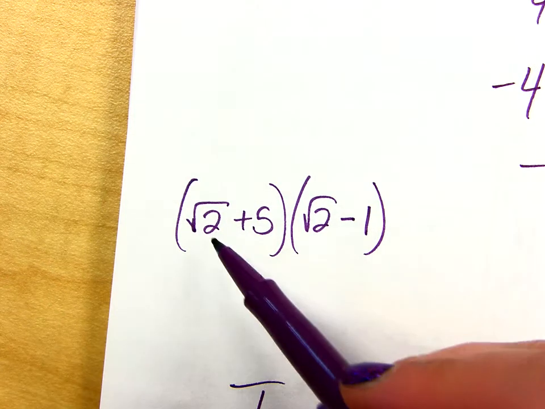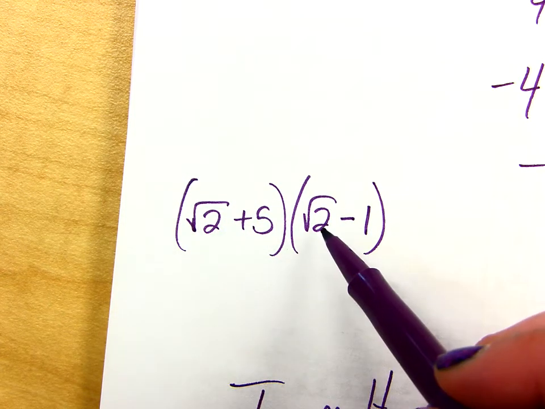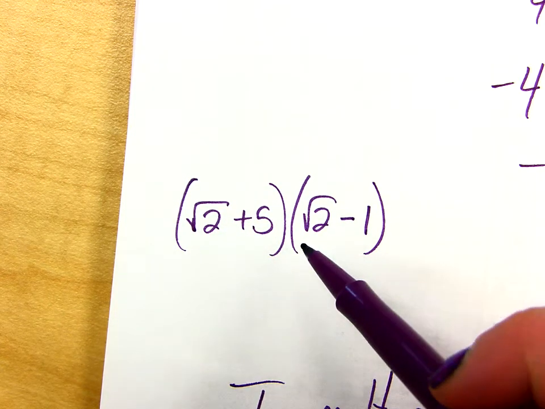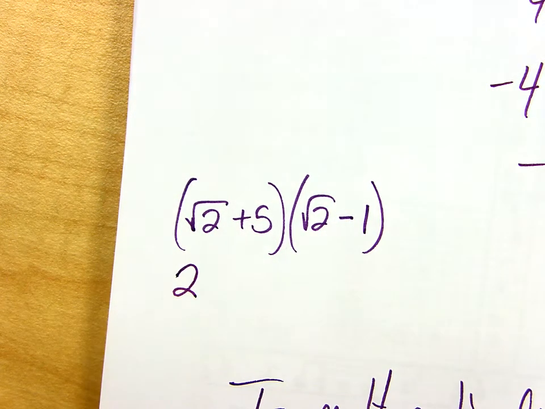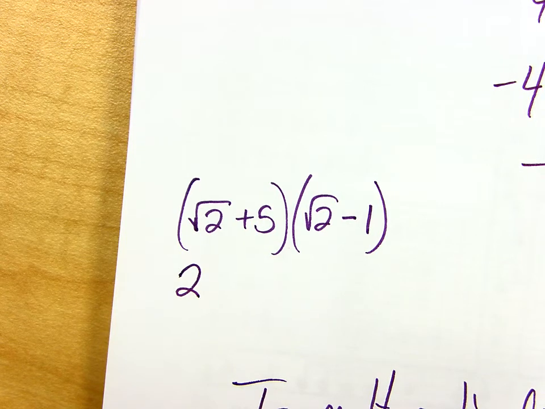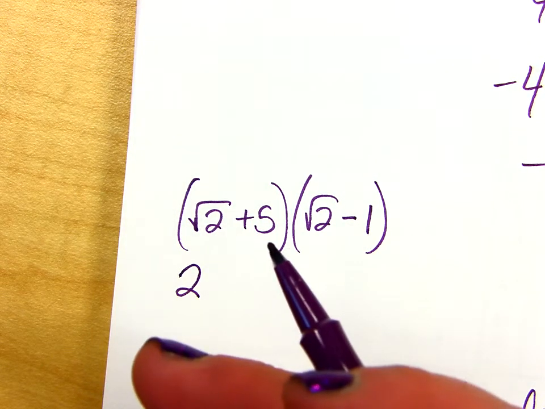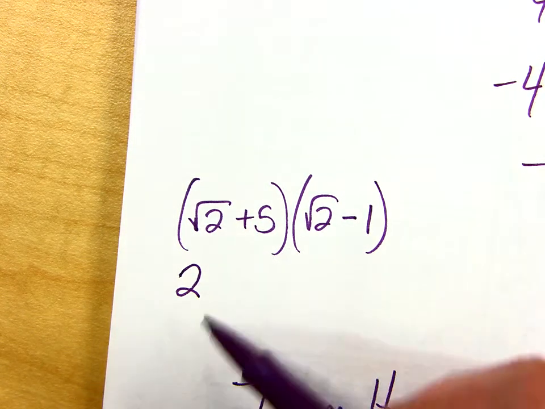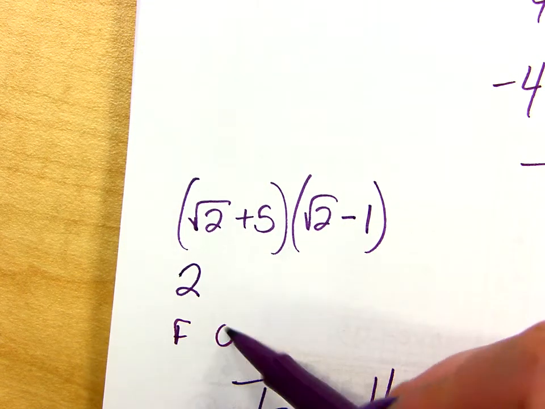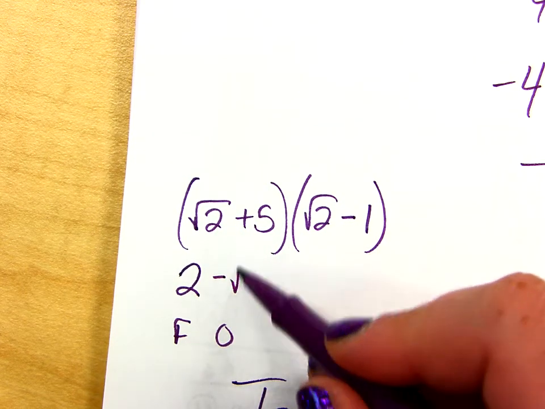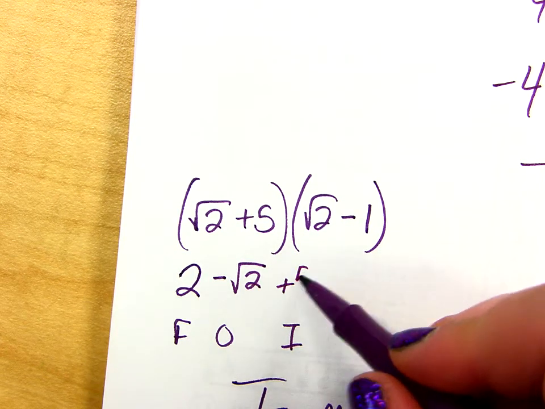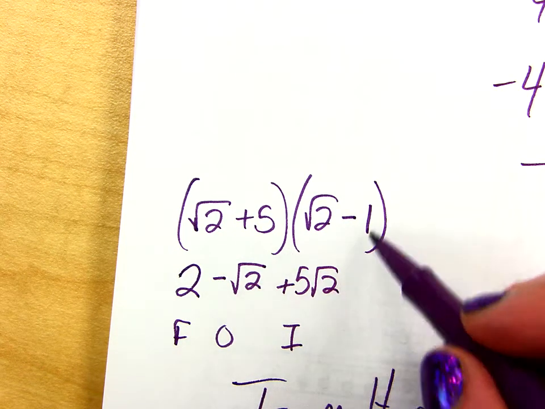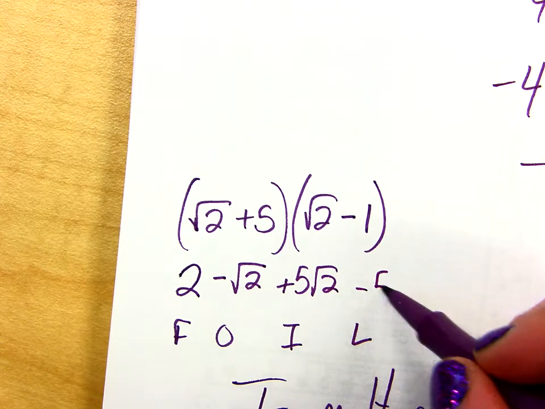You square it. So when you have the exact same radical and you multiply them together, the radical just goes away. So square root of 2 times square root of 2 is just 2. You could do it the long way, square root of 4, and the square root of 4 is 2. But anyway, there's my first. Outers would be minus root 2. Inners would get me a positive 5 root 2. And then the last would get me a minus 5.